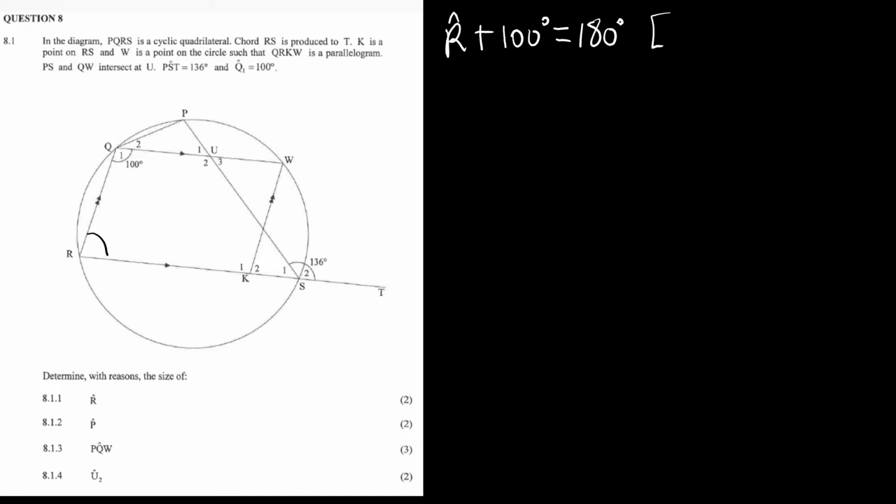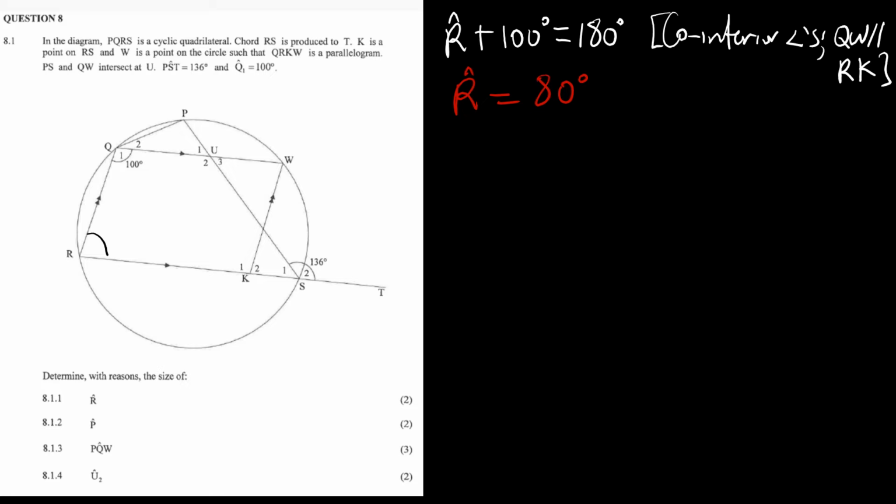Our reason is co-interior angles, because QW is parallel to RK. It's very important to also indicate which sides are parallel. So angle R is going to be 80 degrees, because we subtract 100 from 180. So that's our angle R.